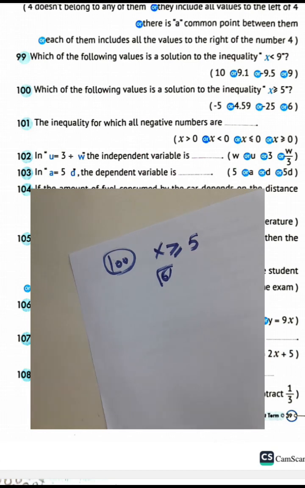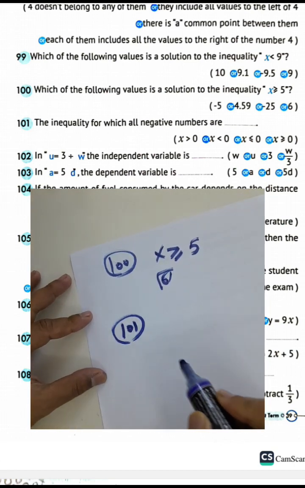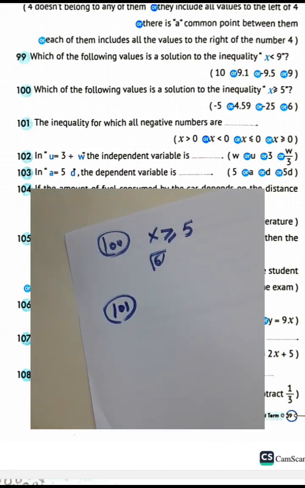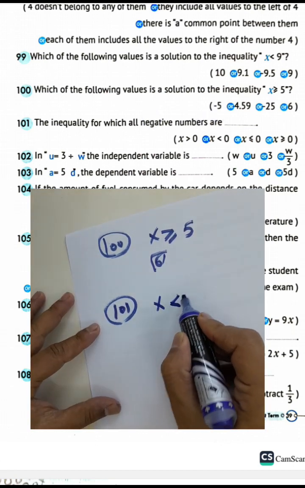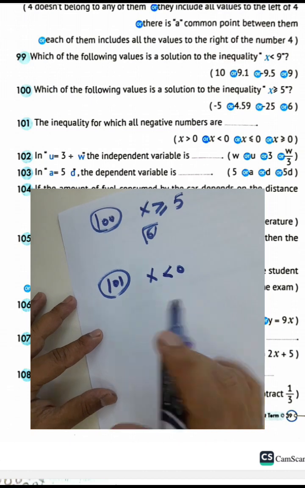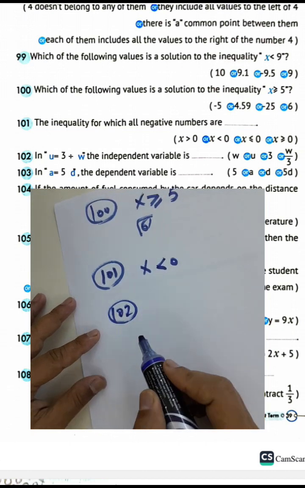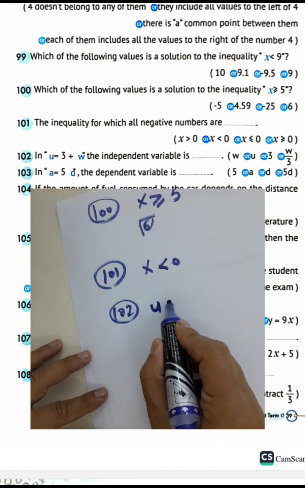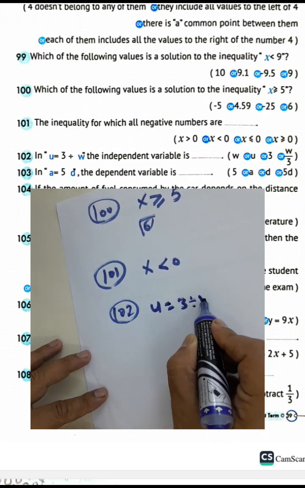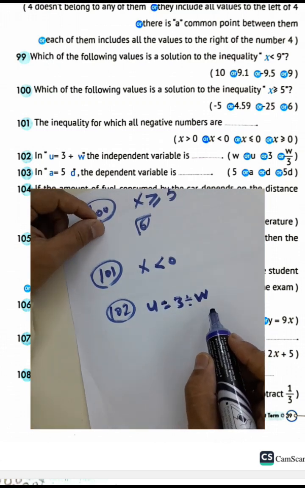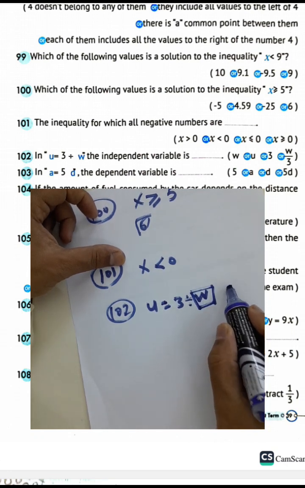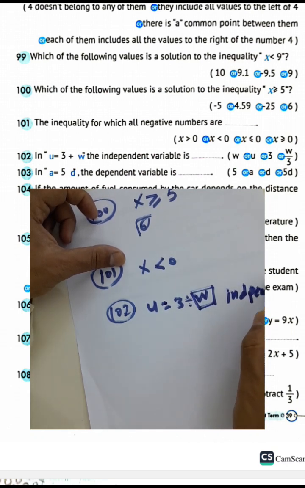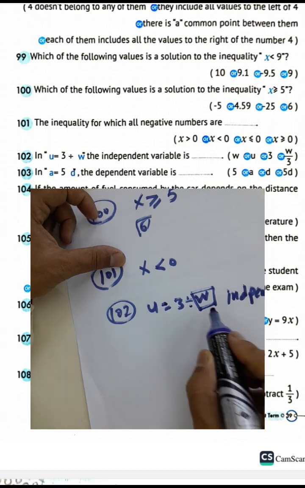Question 101. The inequality for all negative numbers will be x less than 0. Question 102. If u plus u equals 3 divided by w, then the independent variable here we call w, independent.